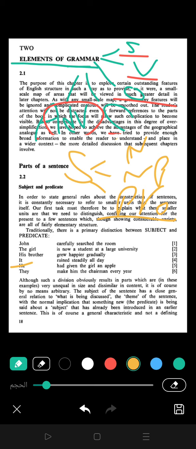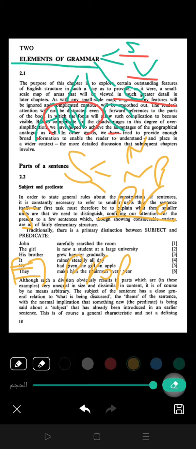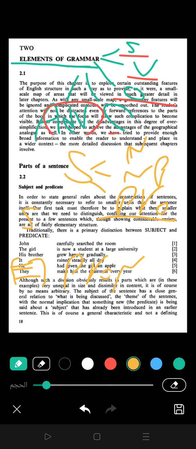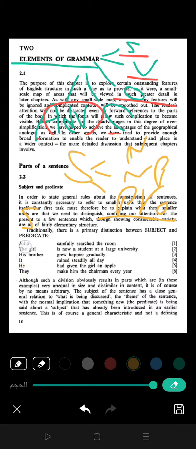It is a pronoun, but it functions as a subject. Likewise he and they: all of them are pronouns, but they function as subject.